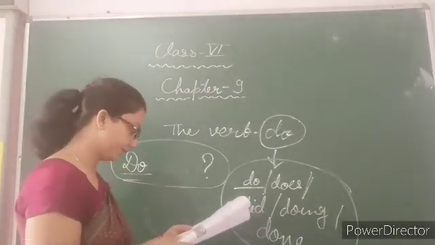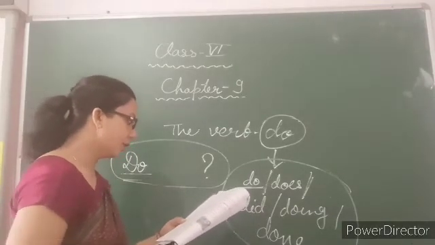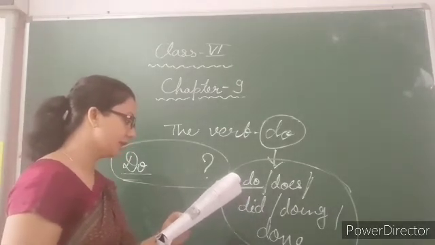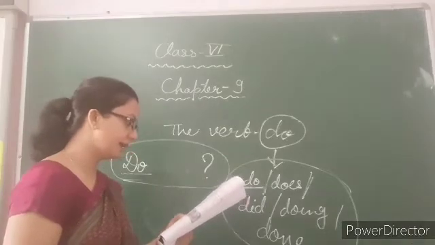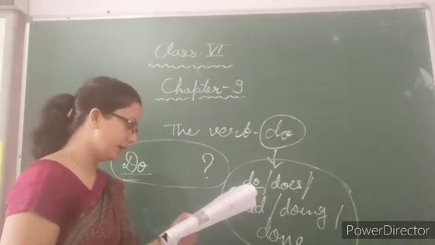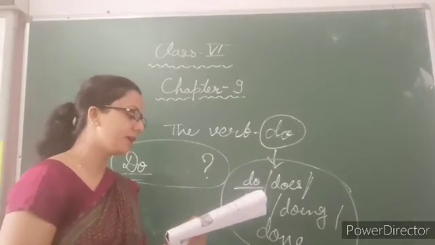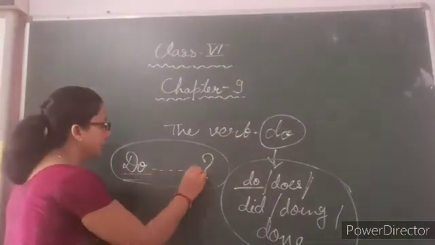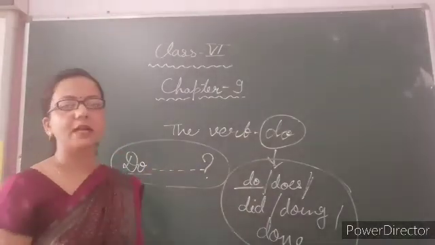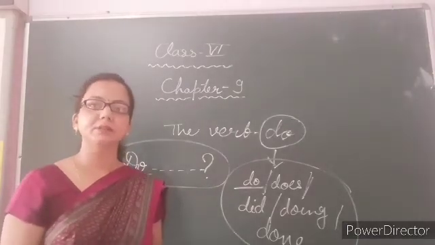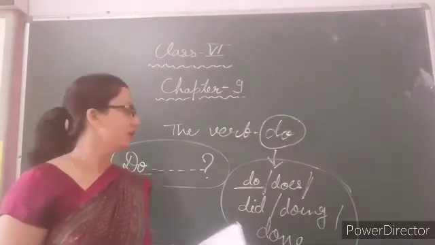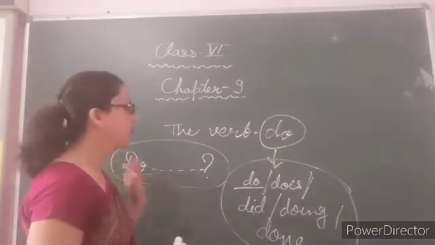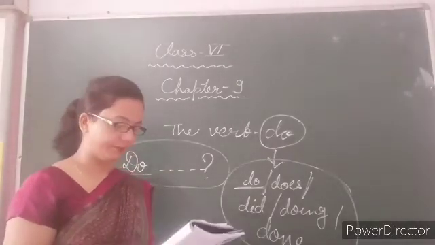So have a look. We also use the verb do as a helping verb to form negative and interrogative, like, do you have a spare key for the car? Do you have a spare key for your car? So we started it with do and ended it with a question mark. So this is your interrogative form.